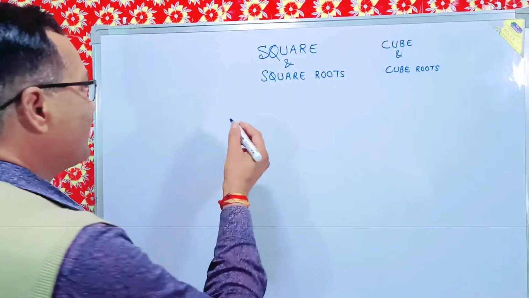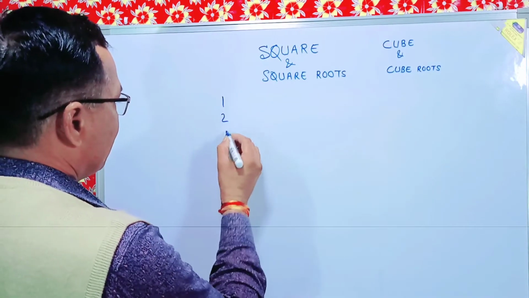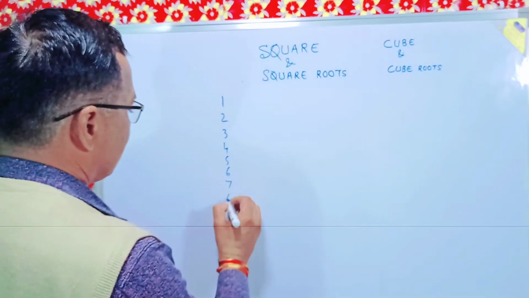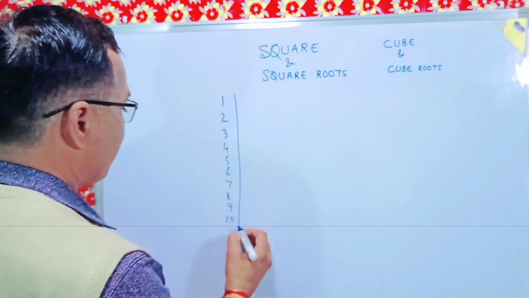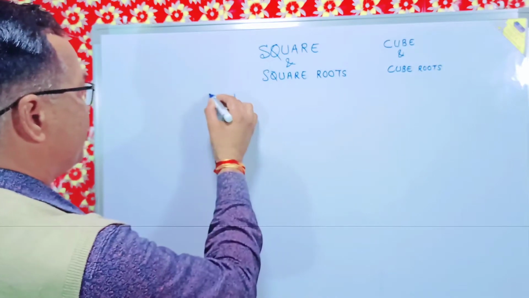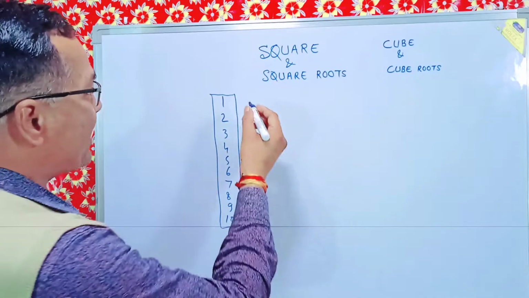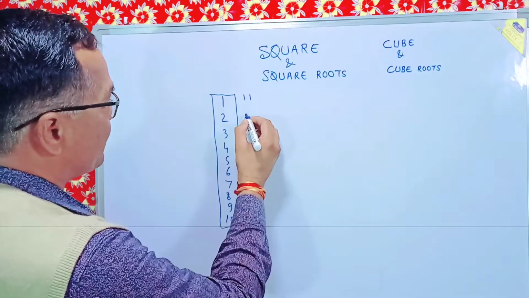Here I take one to 10 numbers in a column. I can write these numbers taking twice also.